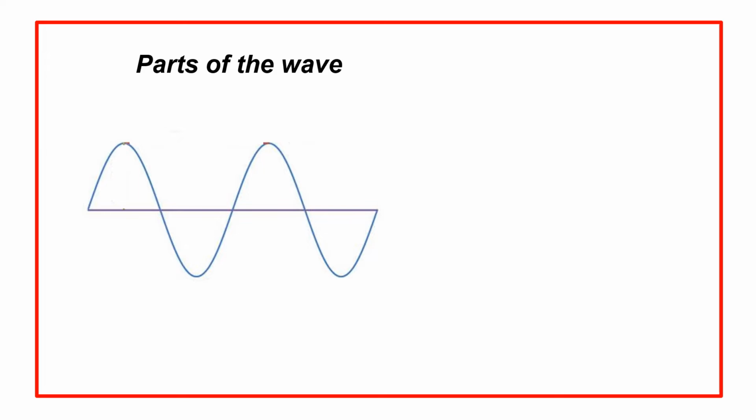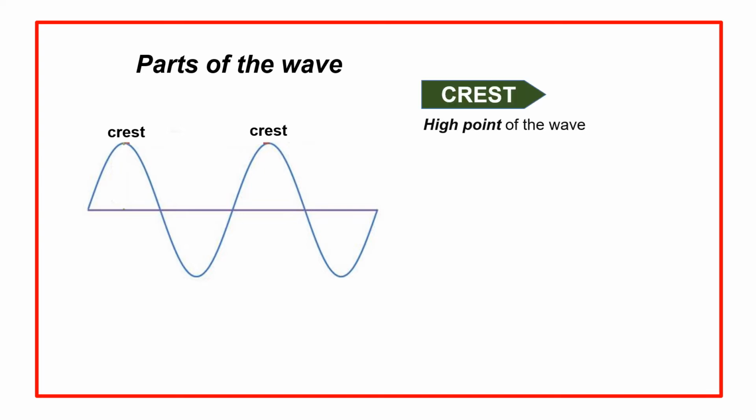To start with, let's have A and B. Now, what do you think is the name of this part? They are just the same part of the wave. So we have the crest. Now, what is crest? When we say crest, we are talking about the high point of the wave.